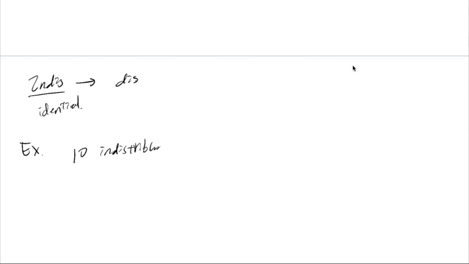Okay, so next let's talk about indistinguishable to distinguishable. Indistinguishable is also called identical. An example is that we have 10 indistinguishable balls, and we want to distribute them into 8 distinguishable bins.